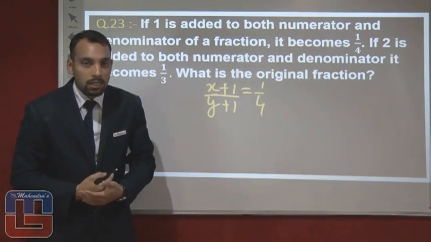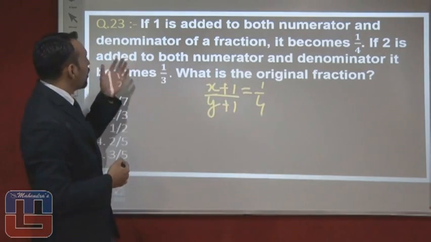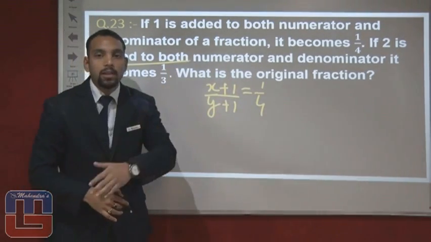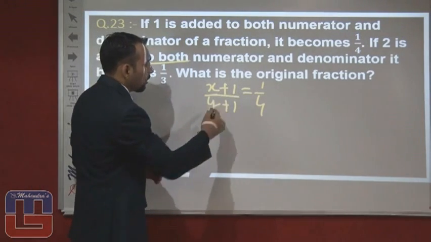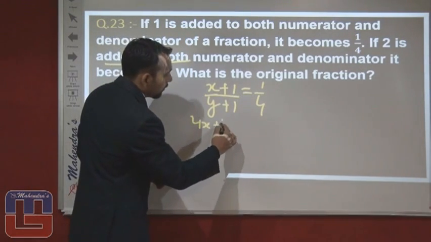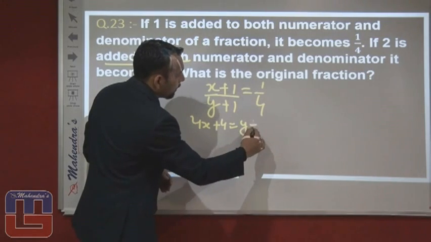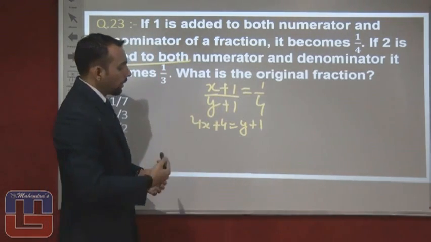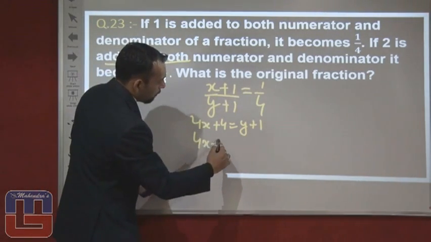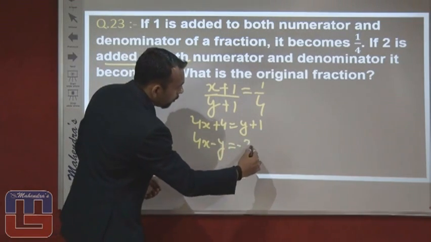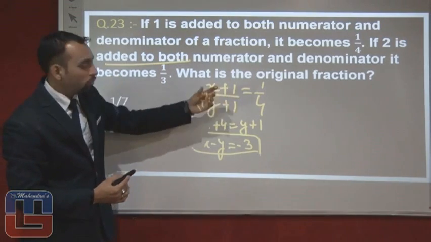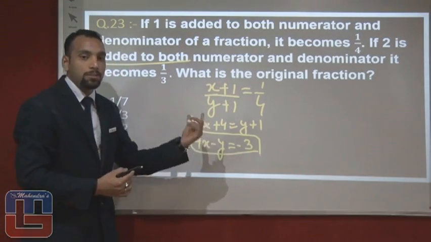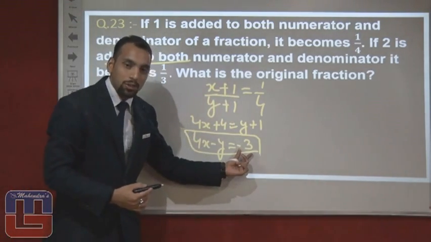Now read the next line. If you solve the first condition, you will get the equation 4x plus 4 equals y plus 1, so 4x minus y is equal to minus 3.